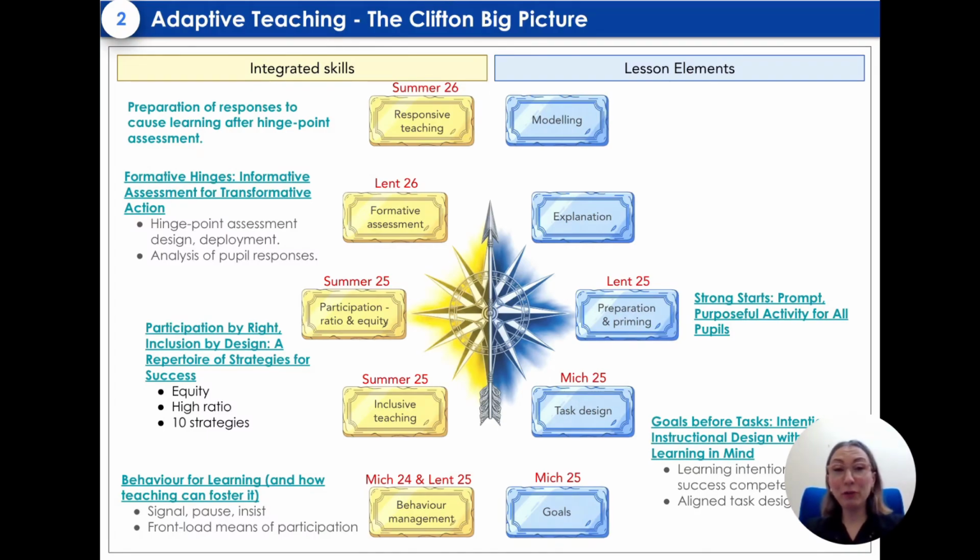And so obviously in the future we've not worked on explanation and modelling yet, and that will probably be part of what we work on next academic year. And then we'll be looking at the touchstones and doing a critical analysis of which one we need to go back to and what strategies we need to add, lethal mutations we need to check for, and making sure that everybody is super confident so that we can make everything as strong.